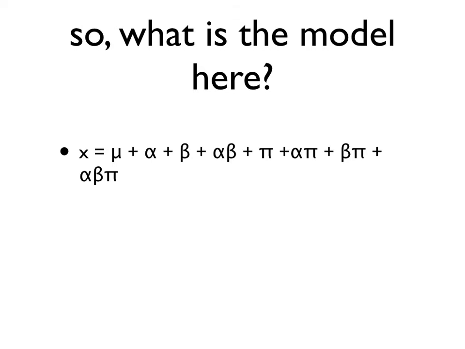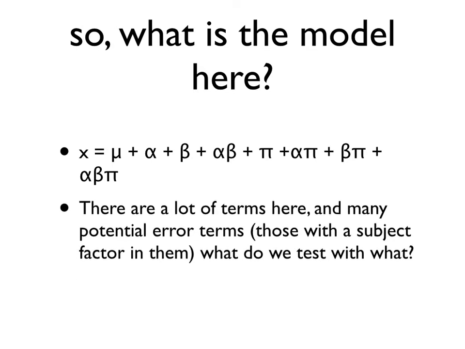We're going to divide by those mean squares. We're going to divide mean square A, so retention interval, in this case, by the mean square for retention interval by subjects. There's a lot of terms here, many of them potential error terms. Those with the subject factor in them are potential error terms.